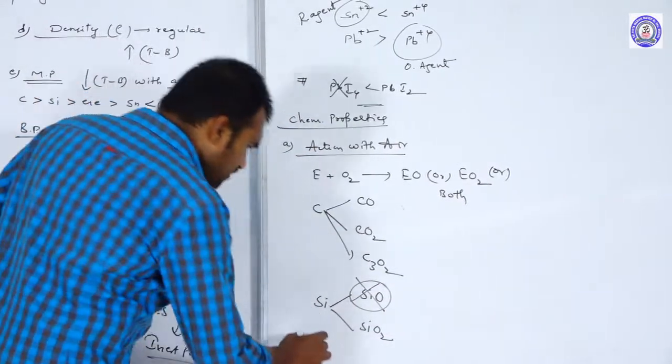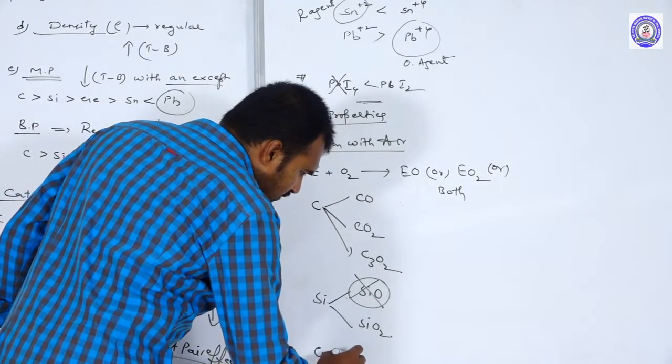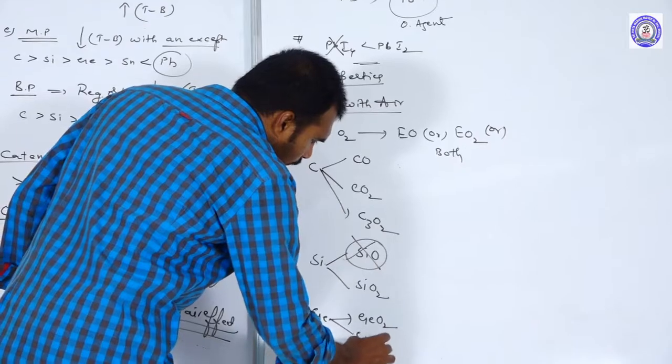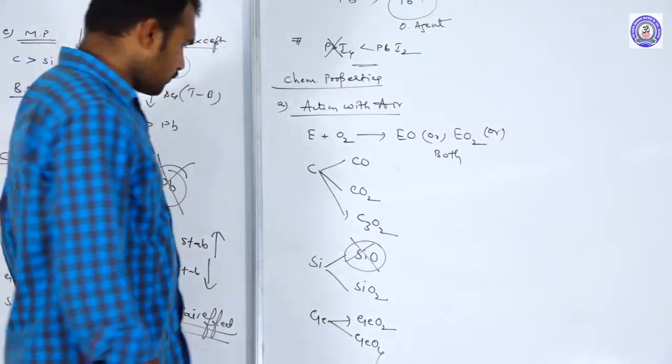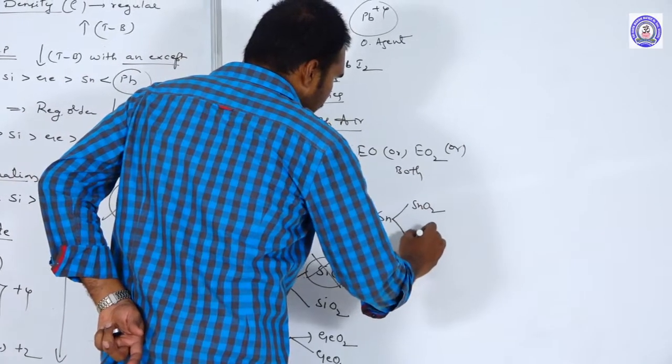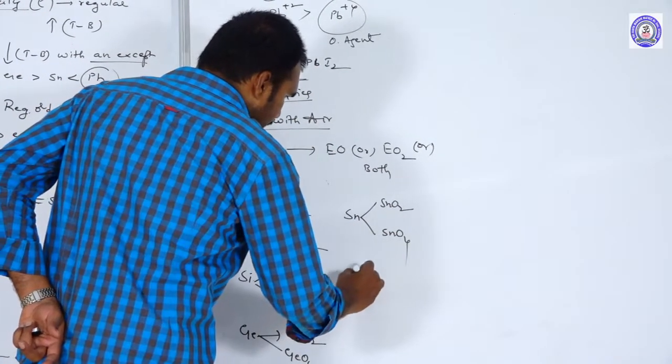Next, germanium can exist as GeO and GeO2. Next, tin also, SnO and SnO2.